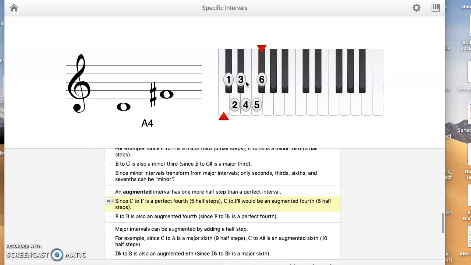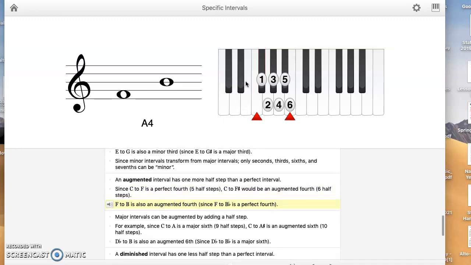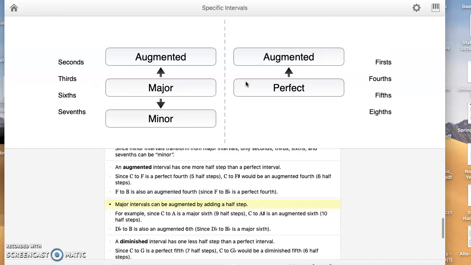That is why trains use an augmented fourth, because they want to make sure you know they're coming. So a train whistle is usually an augmented fourth. F to B is also an augmented fourth. Major intervals can be augmented by adding a half step.